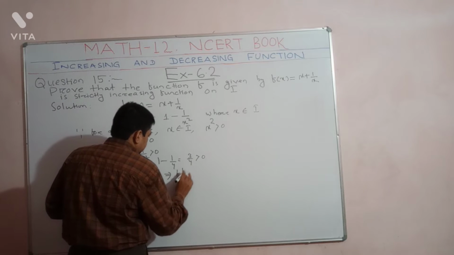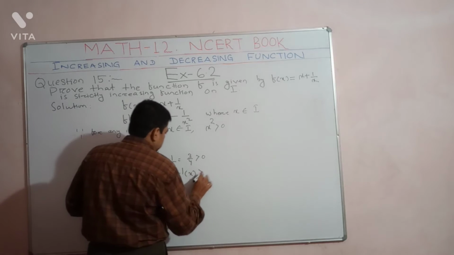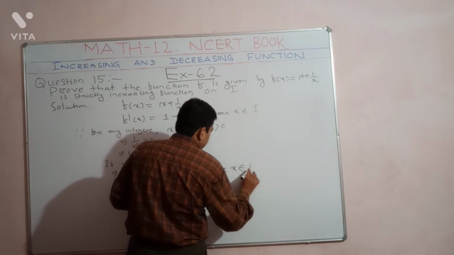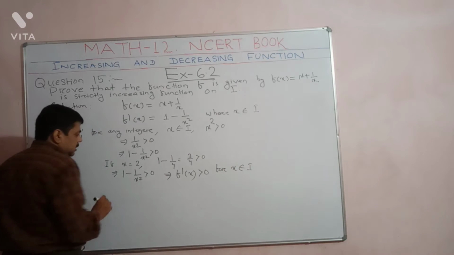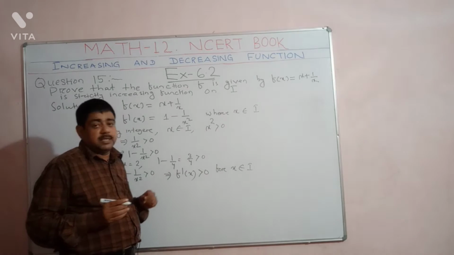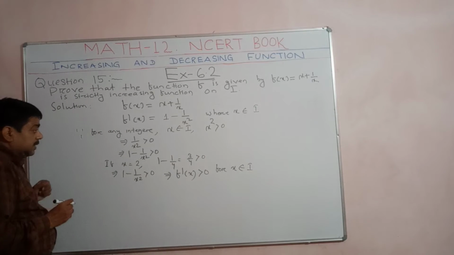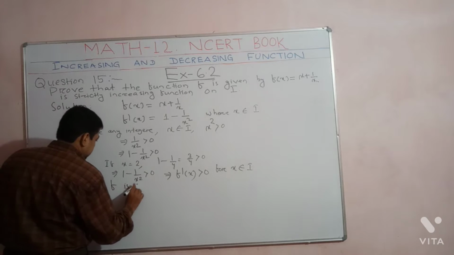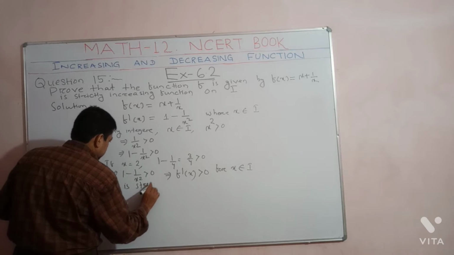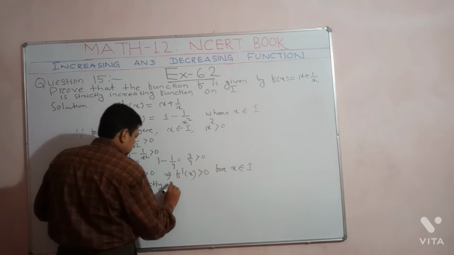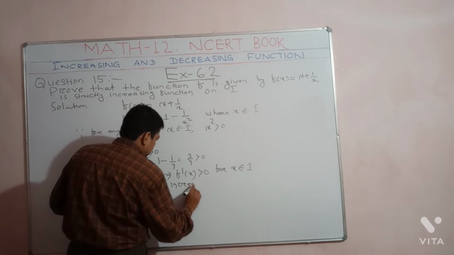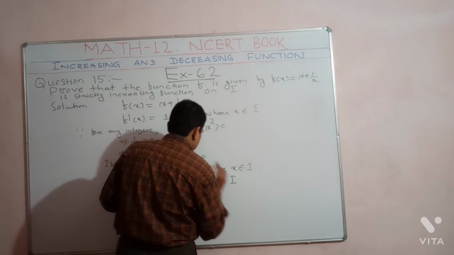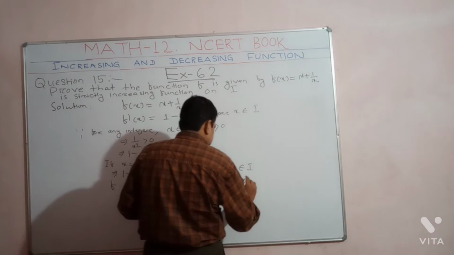And so the derivative of the function is greater than 0 for x belonging to the set of integers I. Since the slope of the function is greater than 0, the function is strictly increasing. Thus the function f is strictly increasing on the set of integers I.